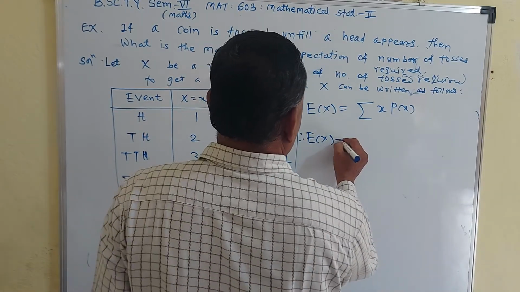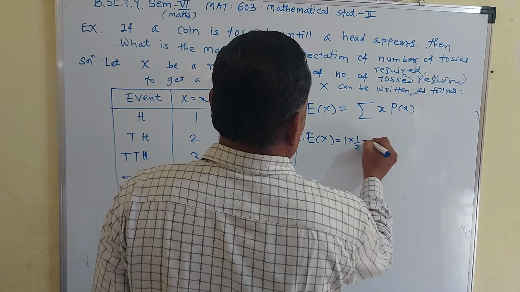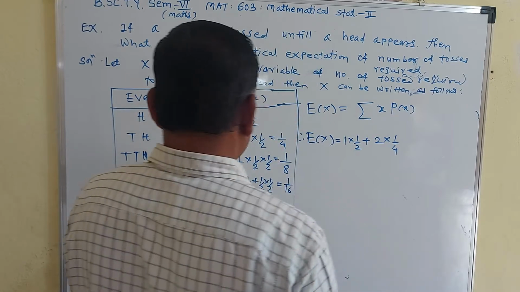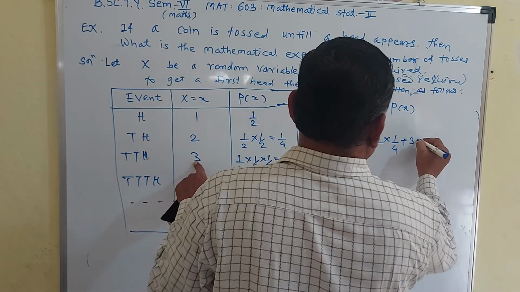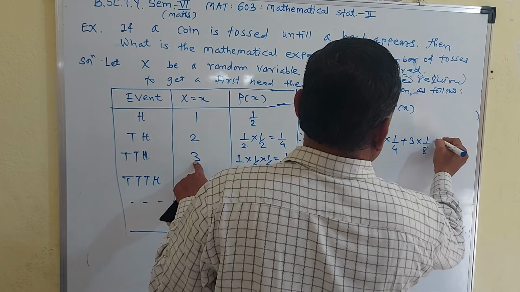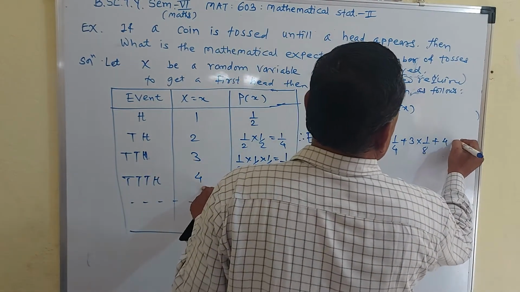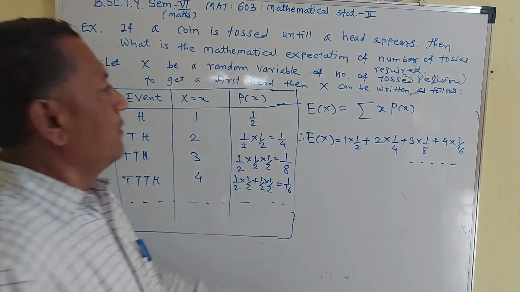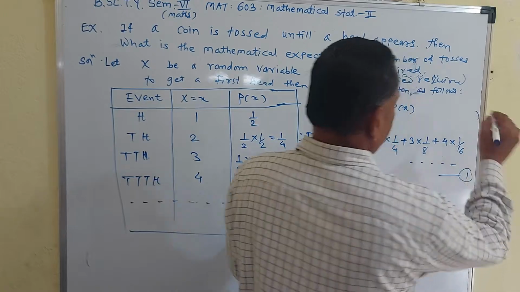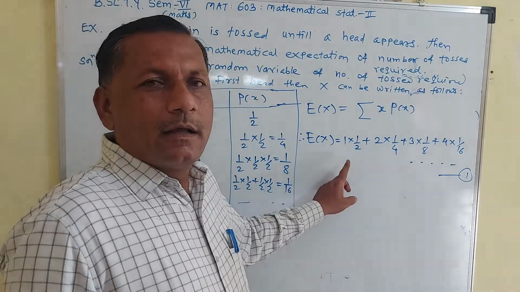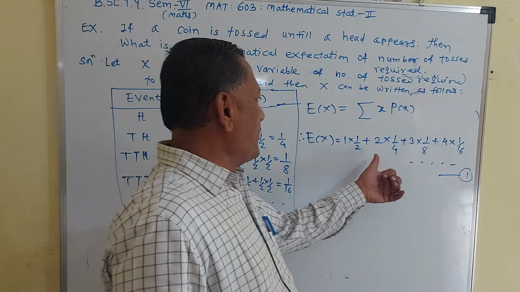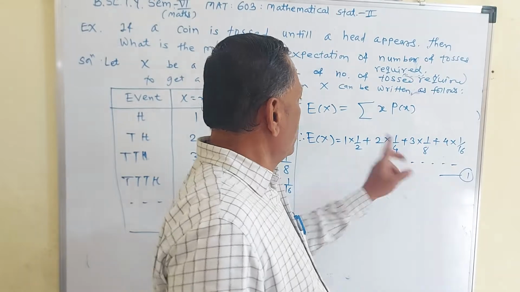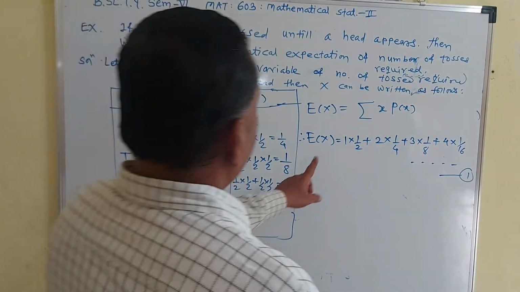So E of x is equal to 1 into 1 by 2, plus 2 into 1 by 4, plus 3 into 1 by 8, plus 4 into 1 by 16, and so on. Suppose this is number 1. This is an arithmetico-geometric series with common ratio 1 by 2, and you have to find the sum of this.